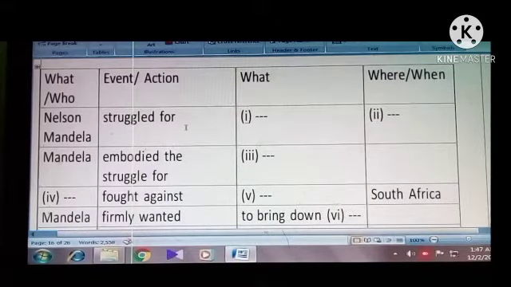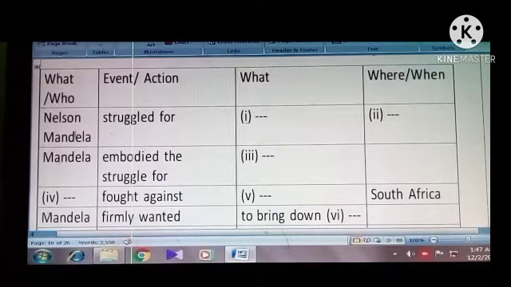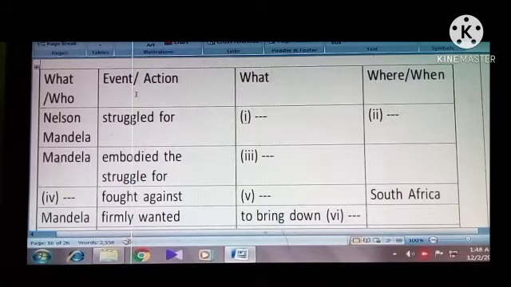You have to look at which column the question is set in. If the question is in the what or who column, then you will only write the name of a person or thing. But if the question is in the second column, event or action, you will write down the action.